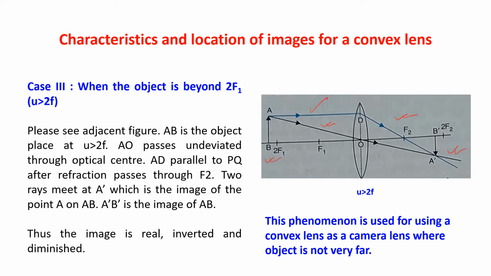Here also we will get a diminished image, so the size of the image is smaller than the object. The image is real, inverted and diminished. This phenomenon is used for using a convex lens as a camera lens where the object is not very far. Clear?